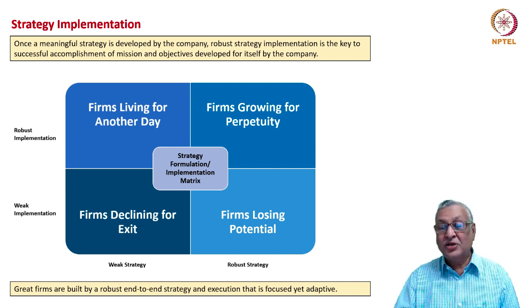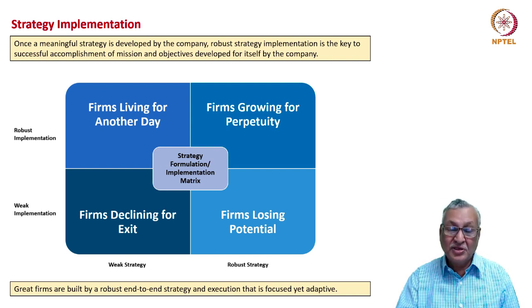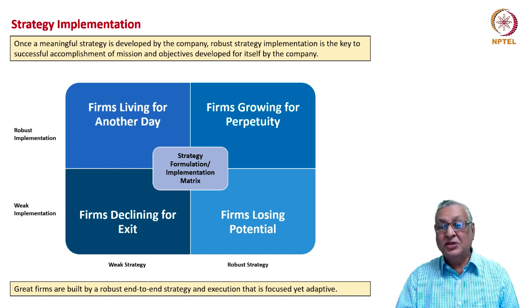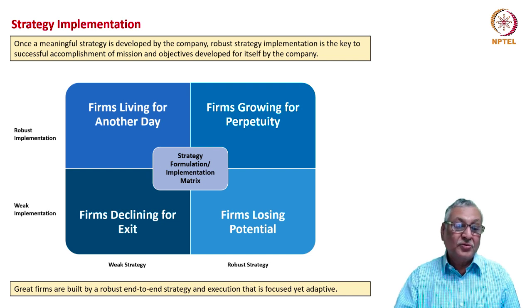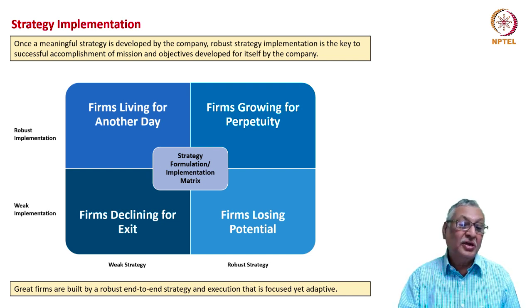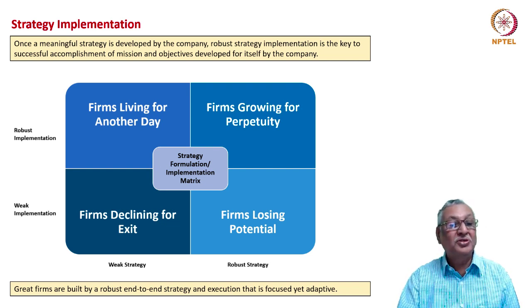On the other hand, a robust strategy is the opposite of that. Resources are put in place, strategy formulation is done in a very robust manner, and the external and internal analysis is carried out well. Now, juxtapose against this, we can have weak implementation and robust implementation.